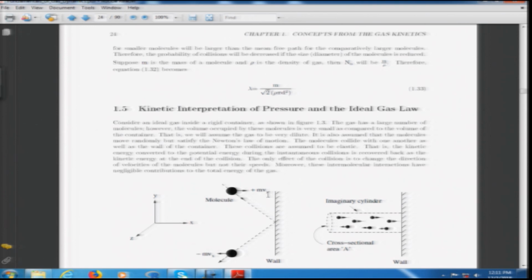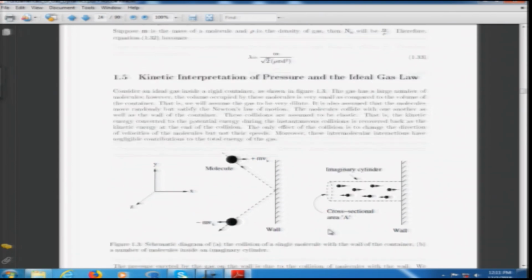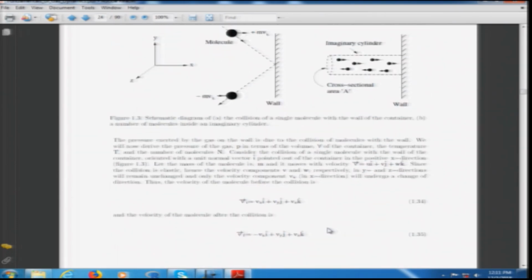Since the other two directions are unaffected, if we write down the change in momentum for a single molecule, with v represented as vx, vy, and vz, the three components along the x, y, and z directions, then the initial velocity is vx, vy, vz.